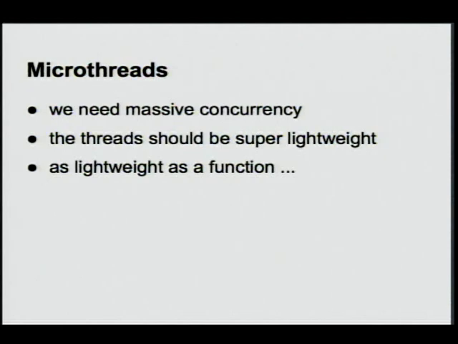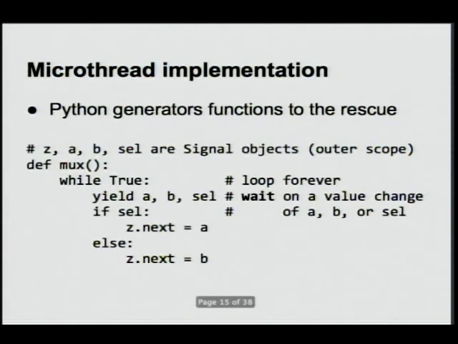We cannot use operating system threads, or it has to be very lightweight, without overhead. It has to be almost as lightweight as a function. So, if that's true, then let's just use a function. In MyHDL, the micro-threads are implemented by generator functions and generators.